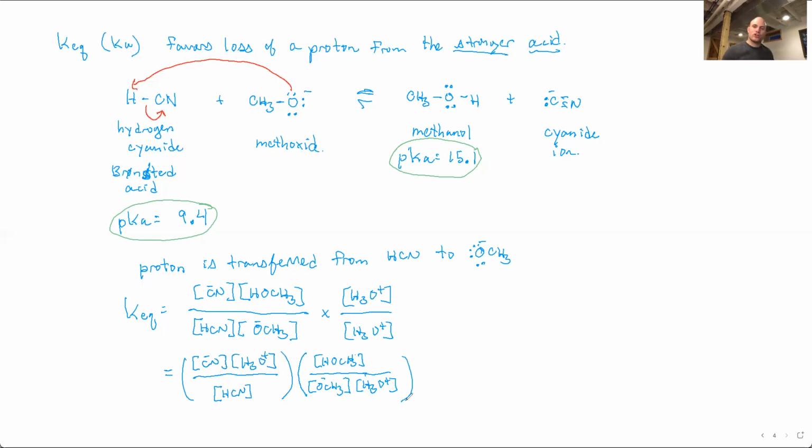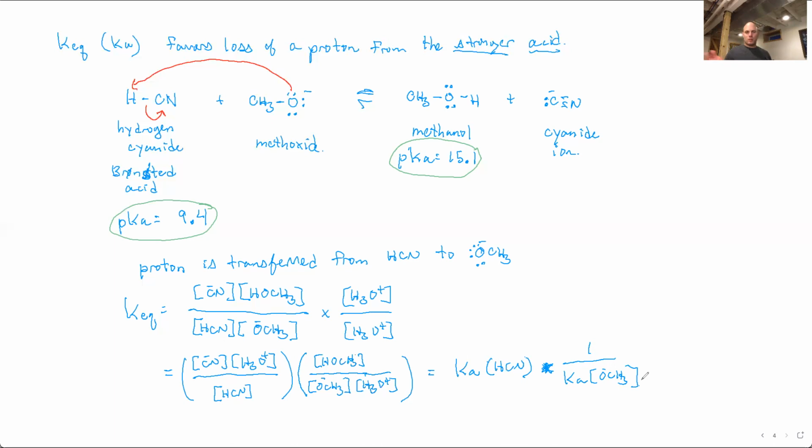And by introducing this hydronium ion term, what I've essentially done is defined the Ka's for HCN times the reciprocal Ka for methanol, the conjugate acid of methoxide.